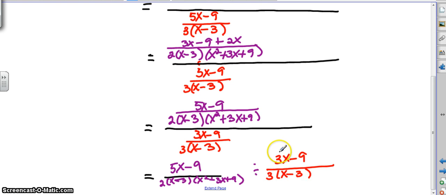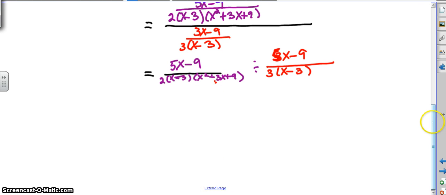Oops, that was a 5. 5x minus 9. So now I'm going to write it as a multiplication statement because division is the same as multiplying by the reciprocal.